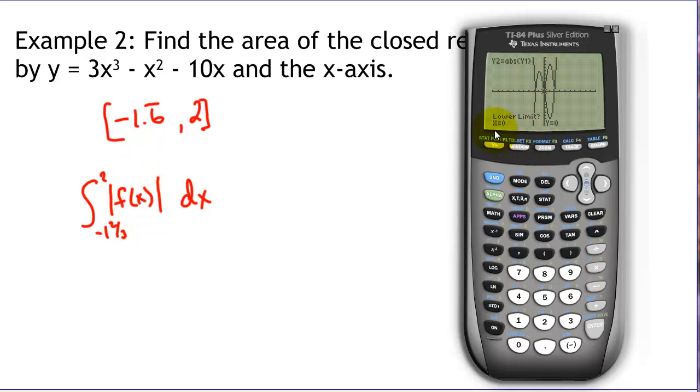Now I enter my lower limit, which was negative 1 2/3. We could enter this as negative 5/3. And now we can enter our upper limit, which was 2.